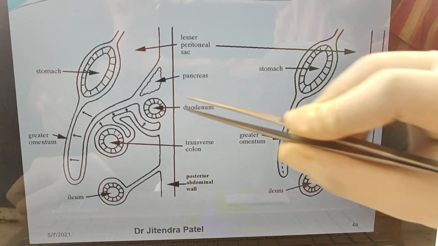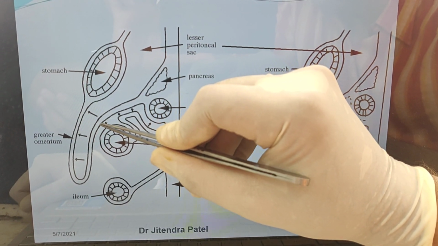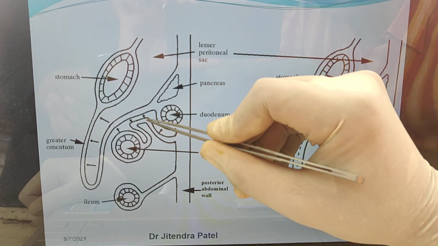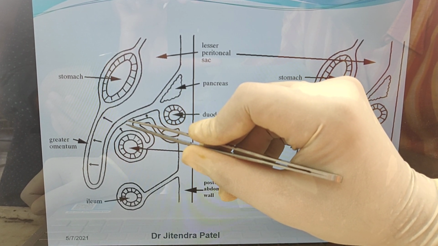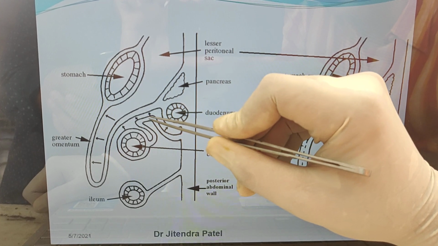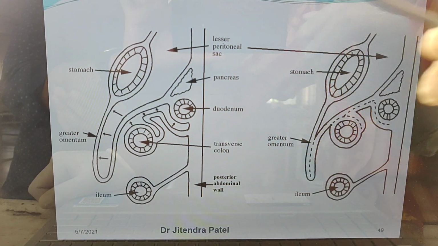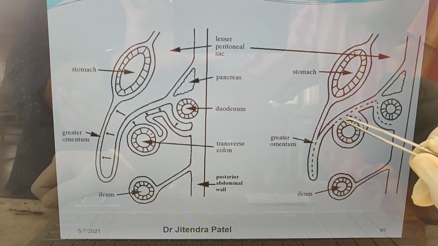Now another thing happened. This is the fourth layer of the greater omentum, and the first or anterior layer of the transverse mesocolon, which are fused, and both layers disappear.